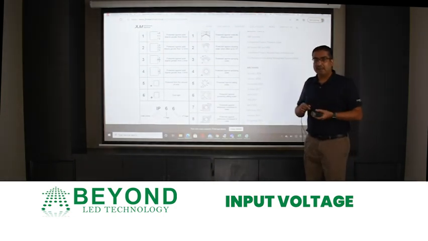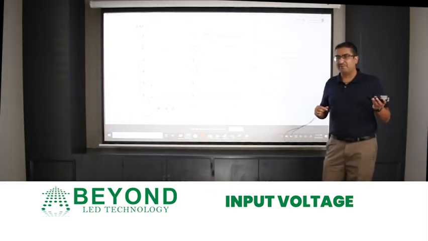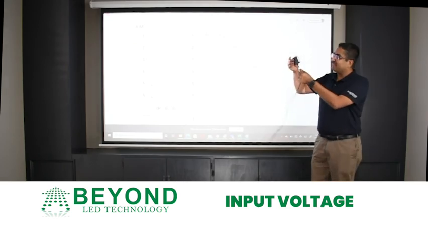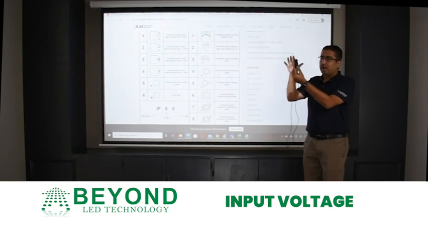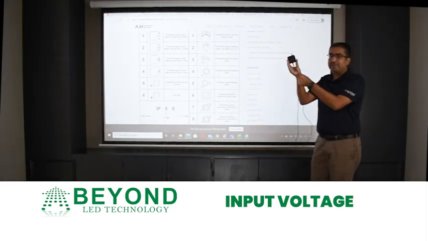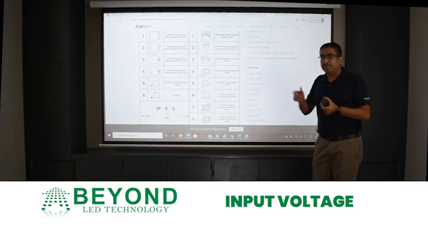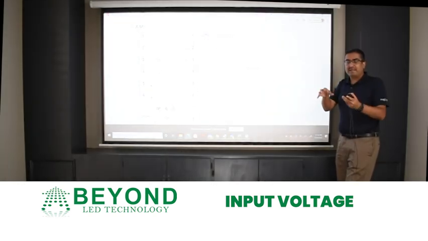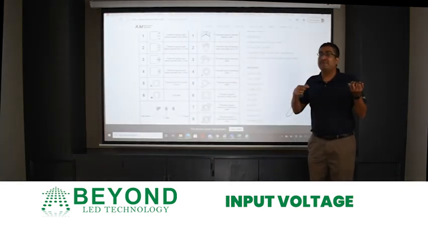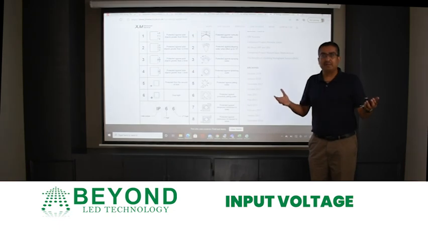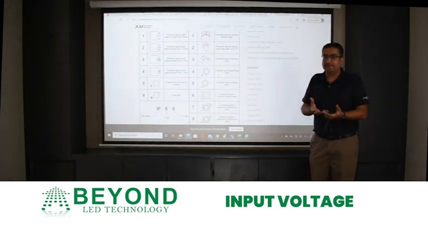The reason is that the input voltage of the laptop is 5 volts and I'm bypassing the converter, which we call a driver in LED, and giving direct power of 110 to the laptop. Remember, anything excessive can be harmful. If you give less, maybe no effect, or the thing may not work, because you are giving less power.